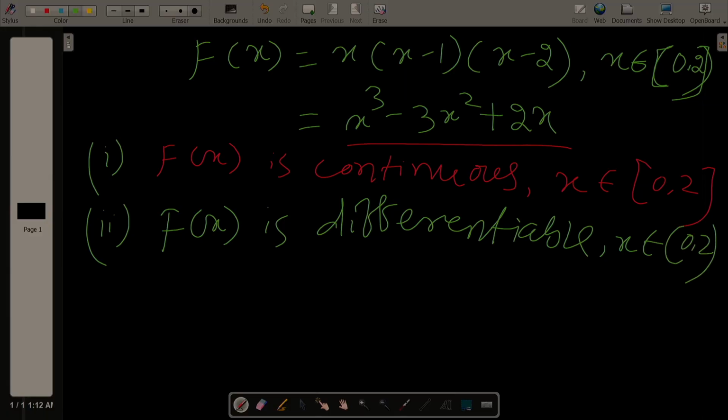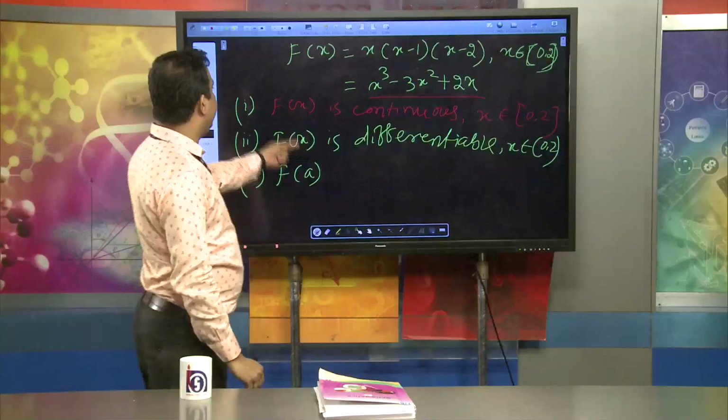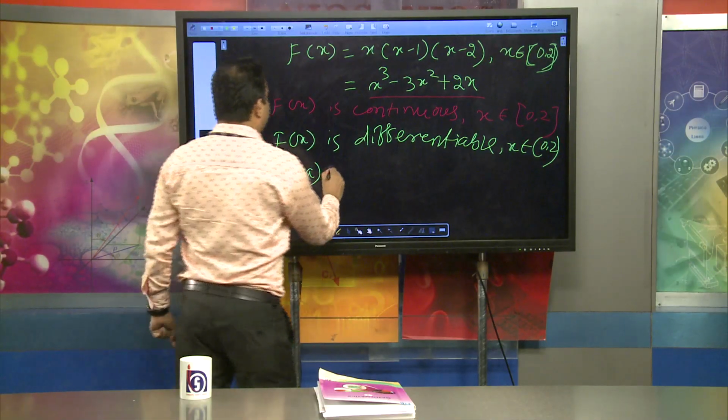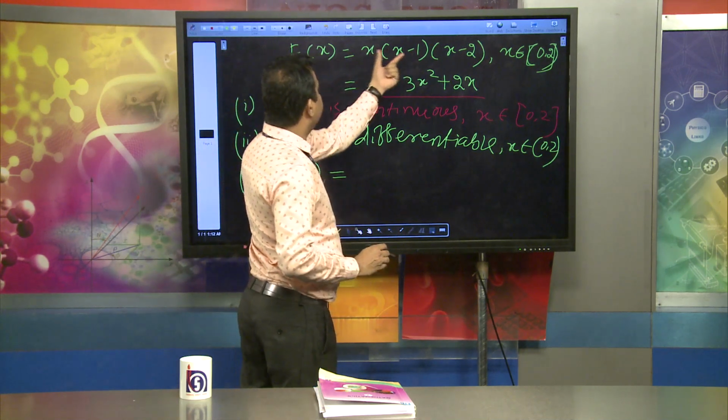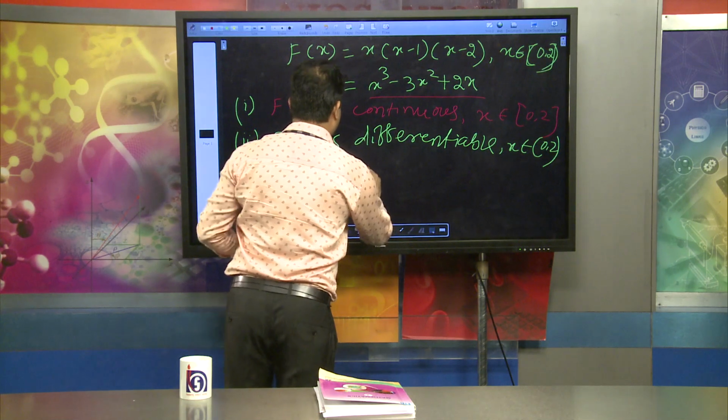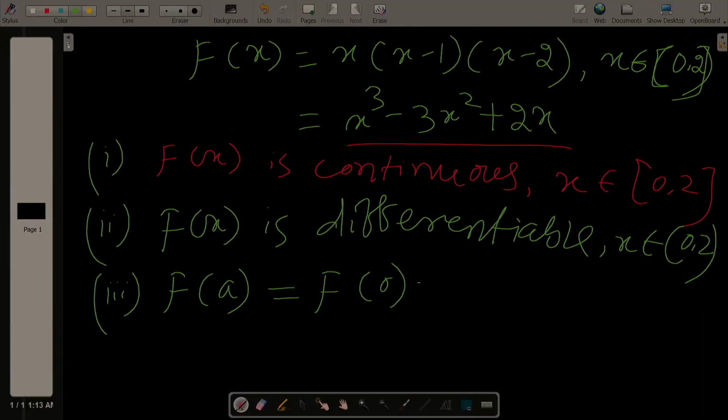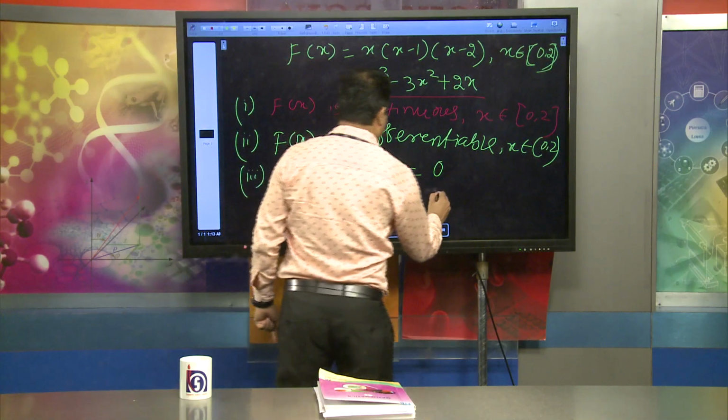When we talk about the third condition, f(a), that means f(0). When we put 0 into x times (x minus 1), you will get f(0) equal to 0. Again, f(b), that is f(2): in place of x, when we put the value 2, you will find f(b) equal to 0.